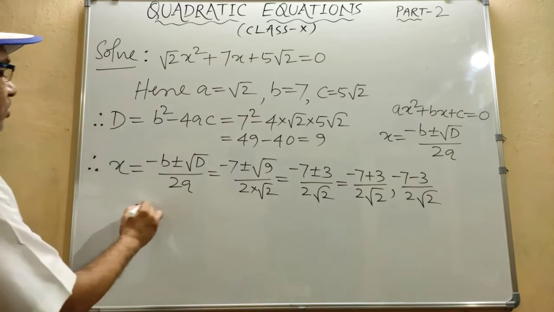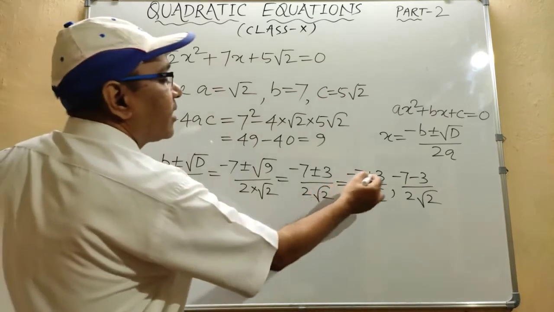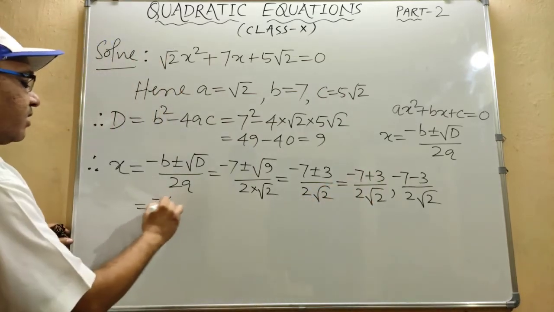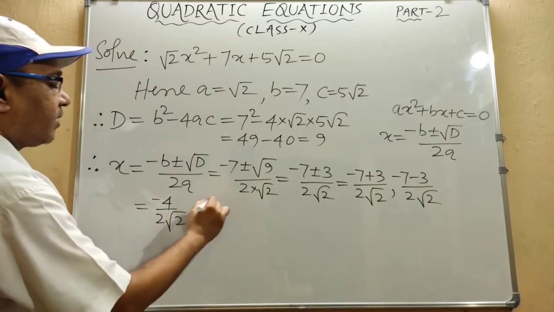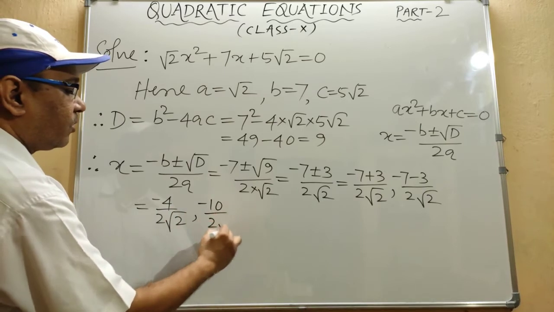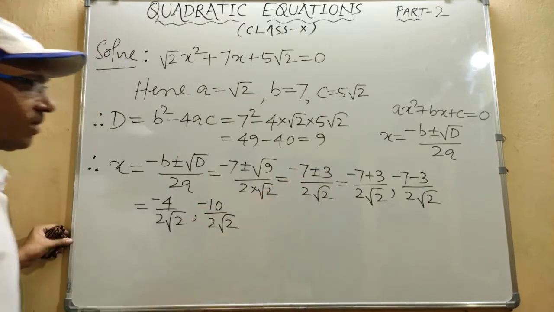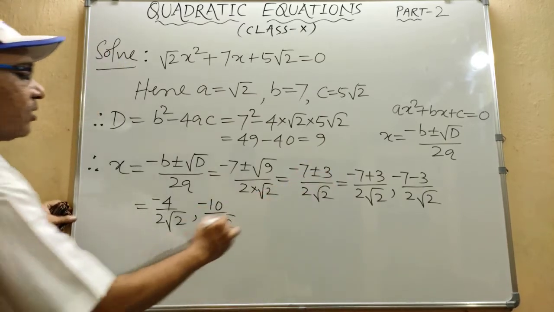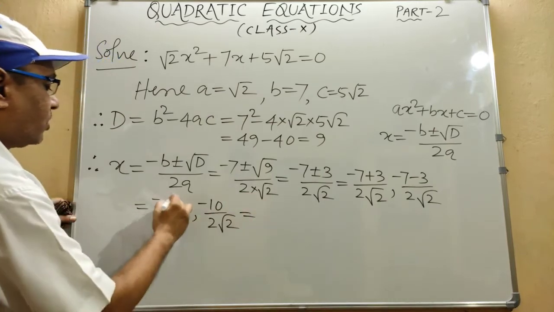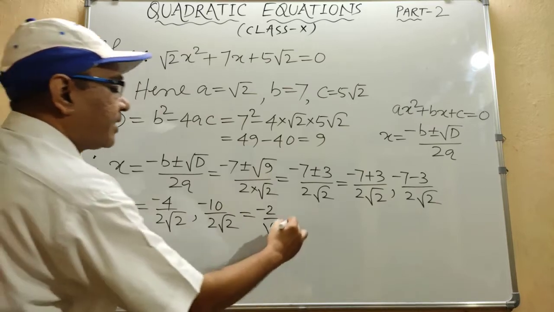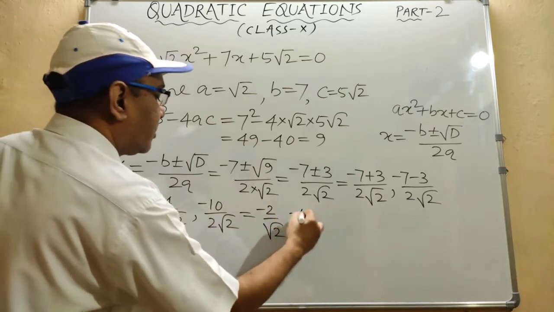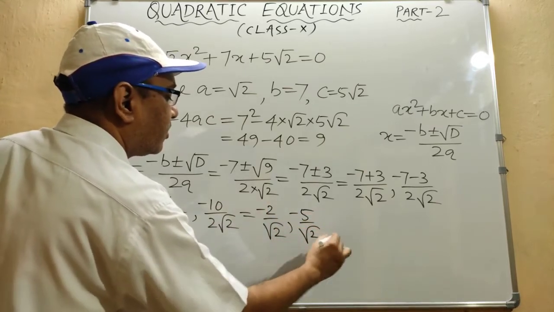So how much are these roots coming? Minus 7 plus 3 is minus 4, by 2 root 2, and second root is minus 7 minus 3, minus 10, by 2 root 2. So 2 into 2 is 4, so minus 2 by root 2, and second, 2 fives are 10, so minus 5 by root 2.